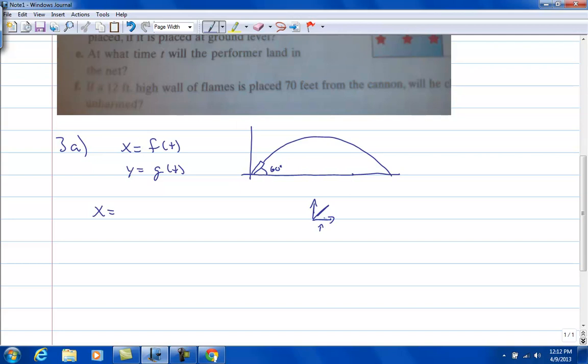The horizontal part could be found by using cosine function, and the vertical part would be sine function. So our initial velocity is 80 miles an hour. And the platform starts off 10 feet above the ground, so he does have an initial height of 10 feet.